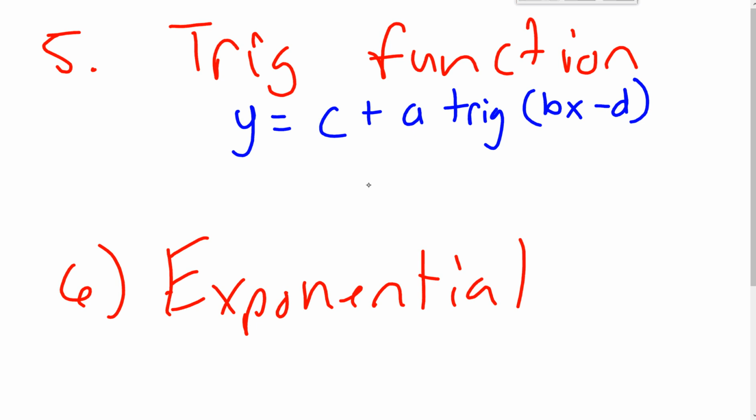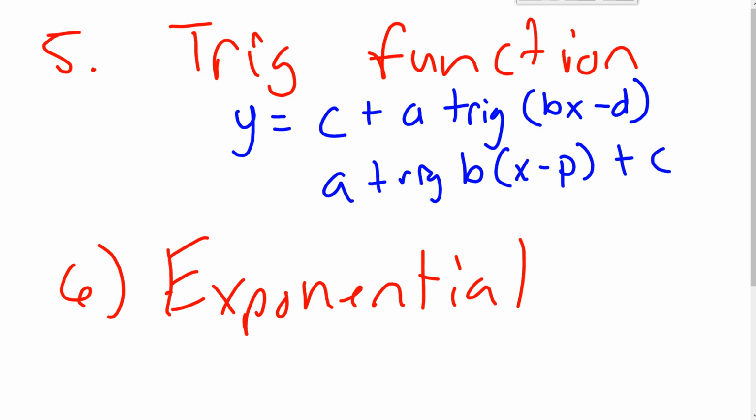That c could be at the end, and sometimes that b can be pulled out. So this is your phase shift in here, and then you're going to add a c at the end. So this could be sine, cosine, tangent, anything like that.